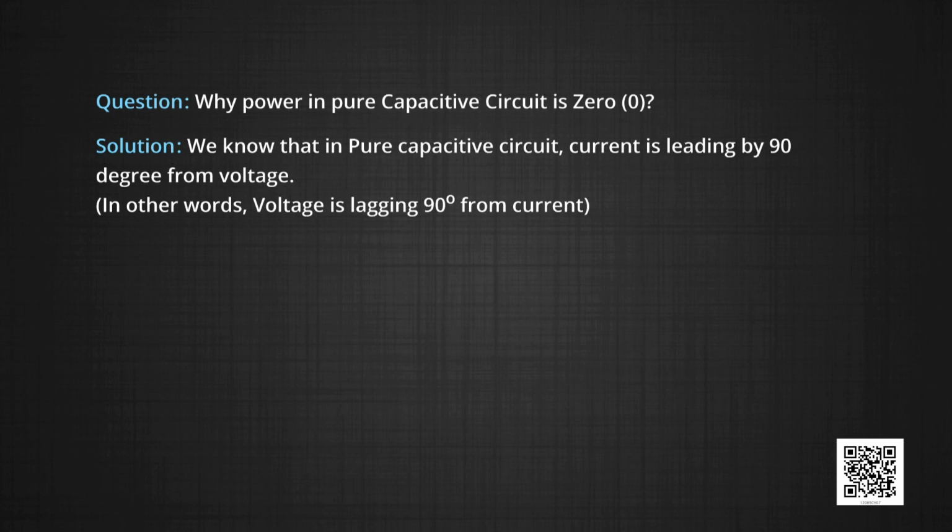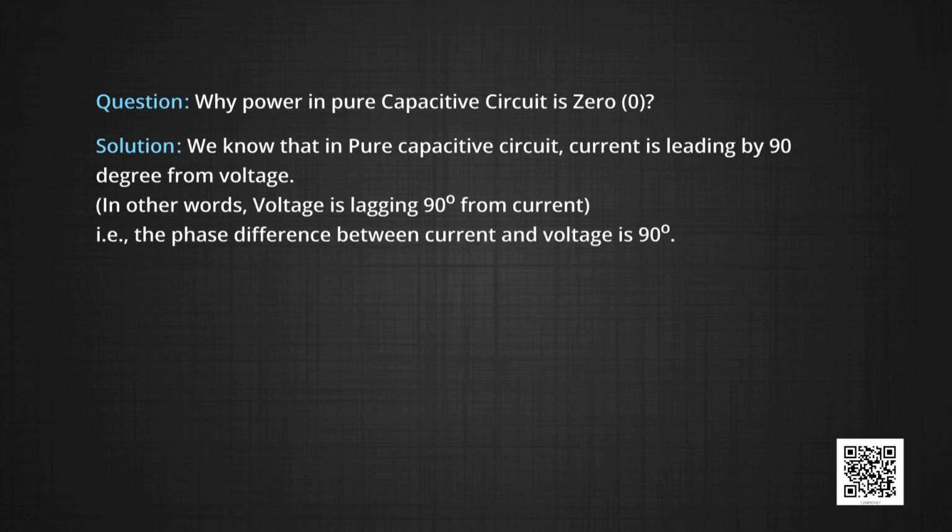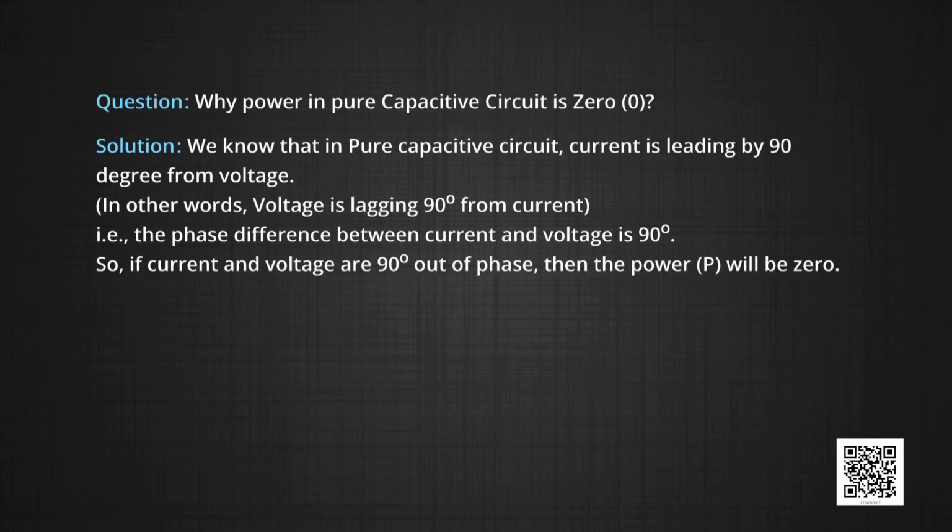We know that in a pure capacitive circuit, the current leads the voltage by 90 degrees, or in other words the voltage lags the current by 90 degrees, so the phase difference between current and voltage is 90 degrees. So, if current and voltage are 90 degrees out of phase, then the power will be 0.